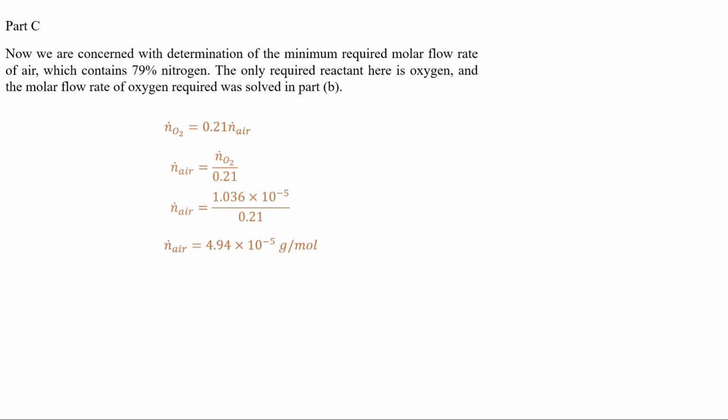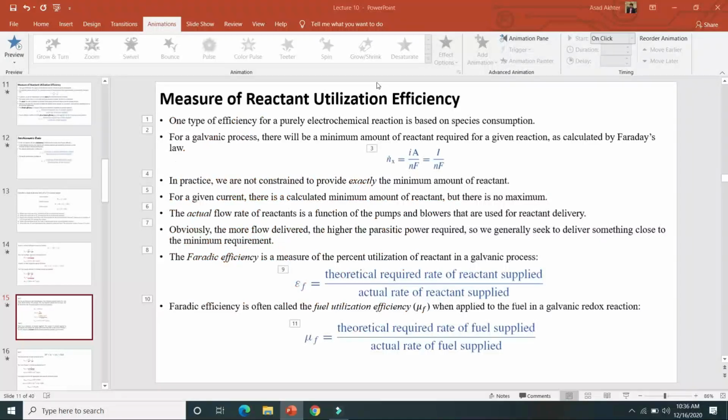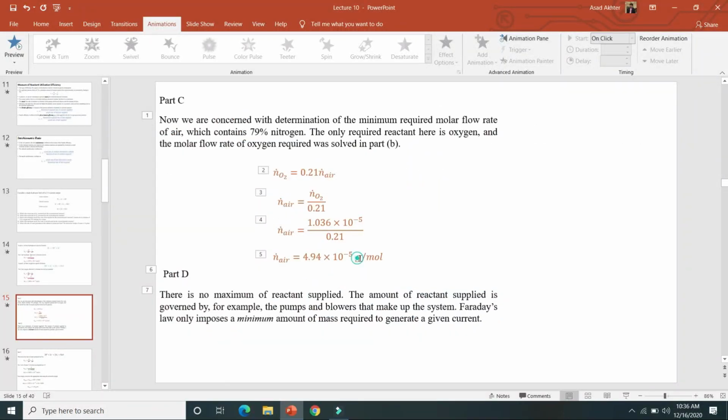It means that if we supply a minimum of 4.94 × 10^-5 air, sorry, this is not gram per mole, it is mole per second. Here I have made a mistake.